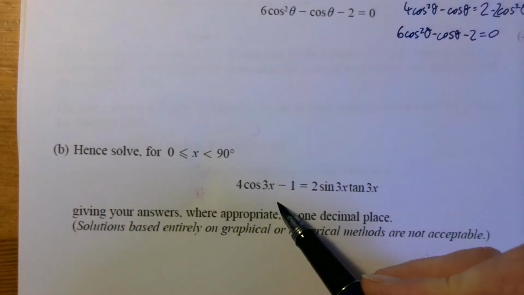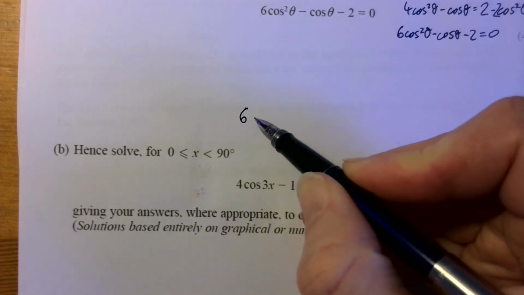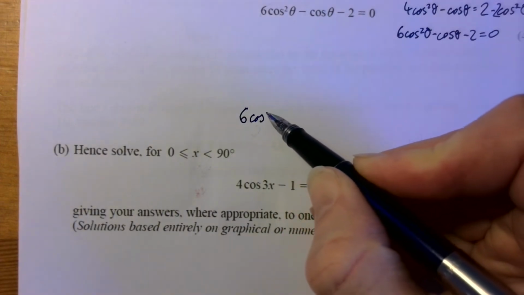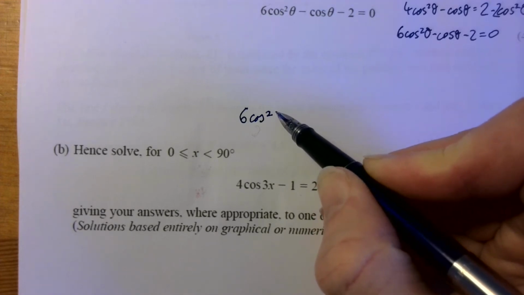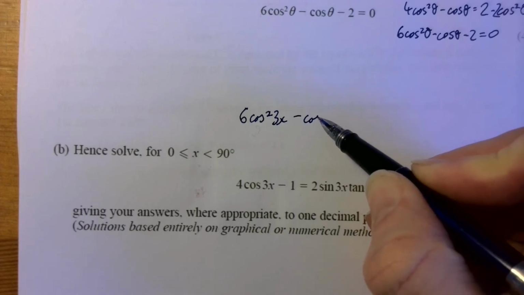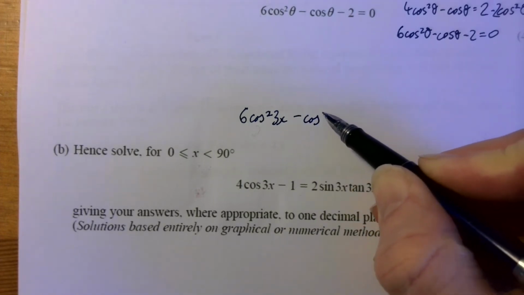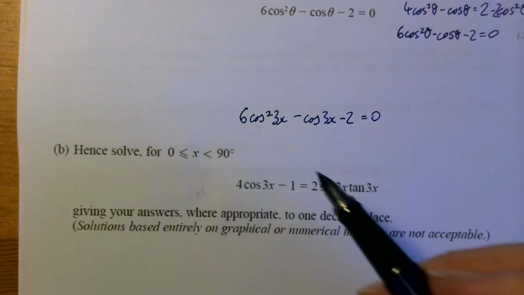So my first step is just to write 6 cos squared 3x minus cos 3x take 2 equals 0. And I'm going to solve for this.